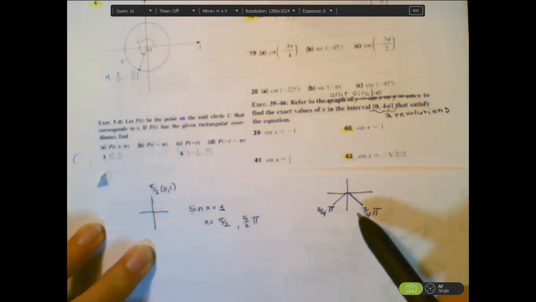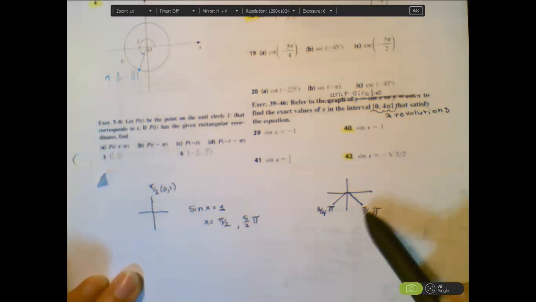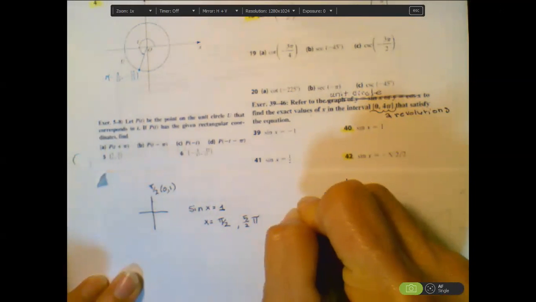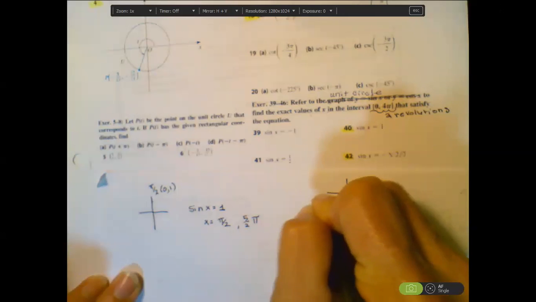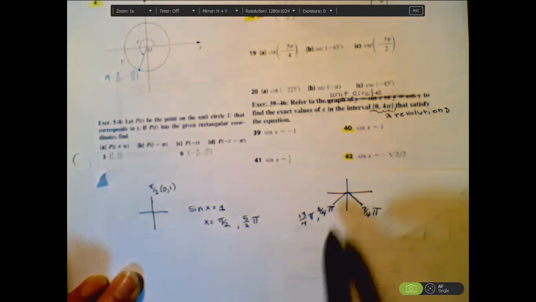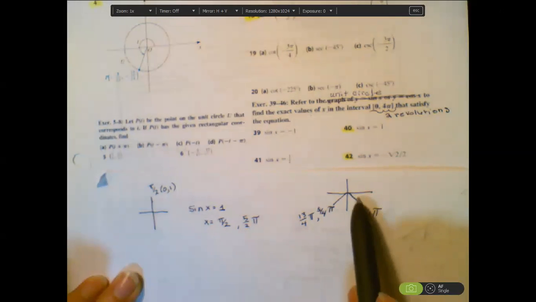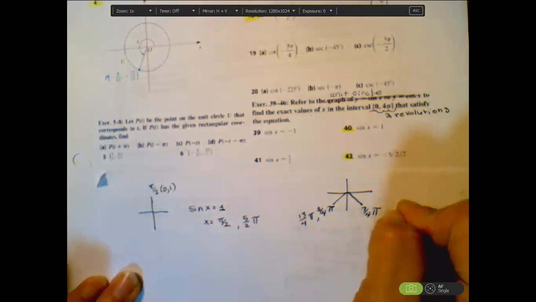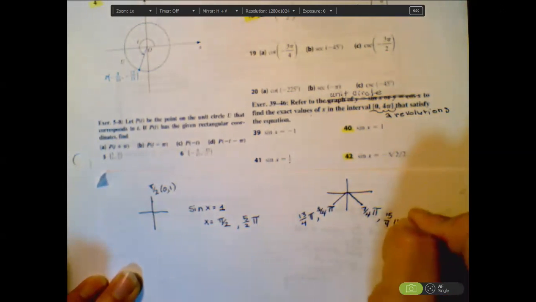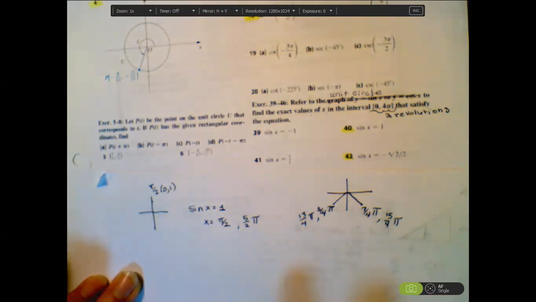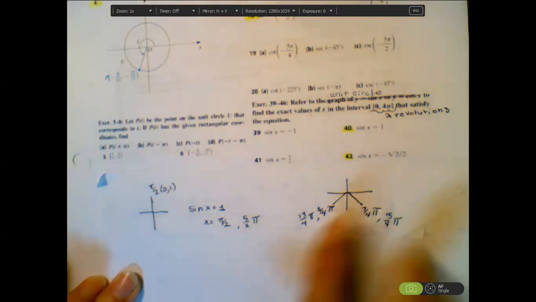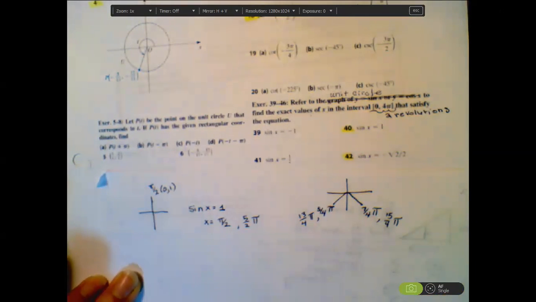Or you could just keep counting by quarter pis. This is 8/4, 9/4, 10/4, 11/4, 12/4. This would be 13/4 the second time around. This would be 14/4. That would be 15/4. So in 2 revolutions of the unit circle, you would have 4 angles where sine is negative square root of 2 over 2.